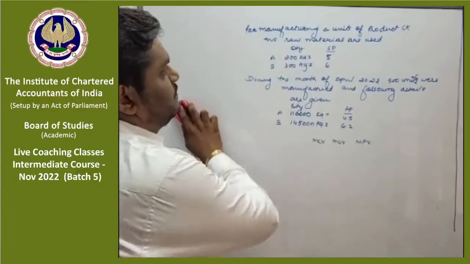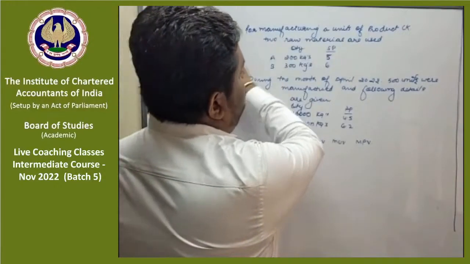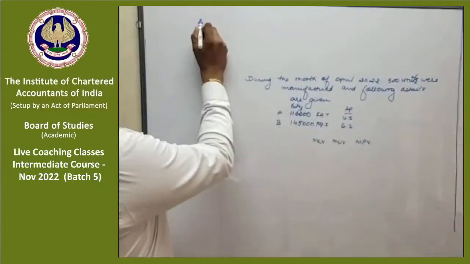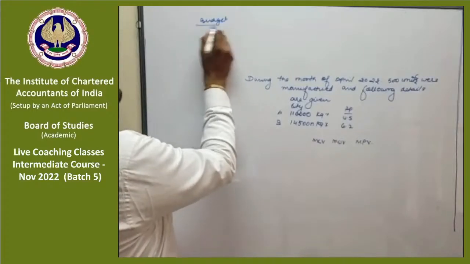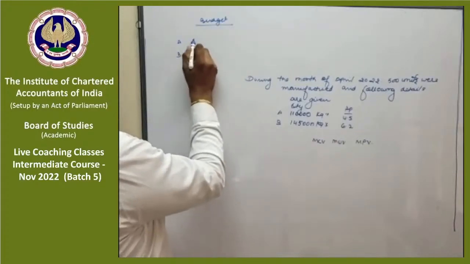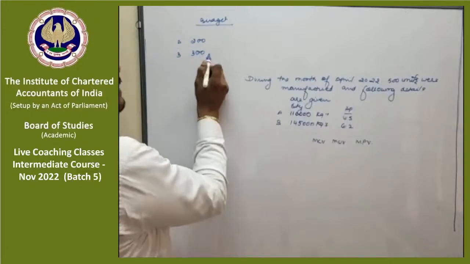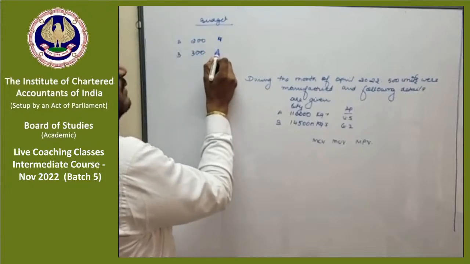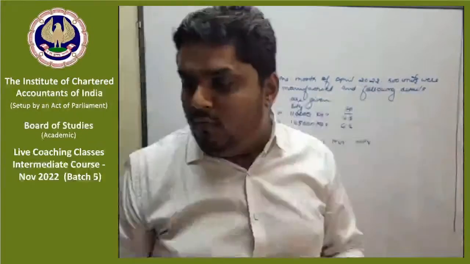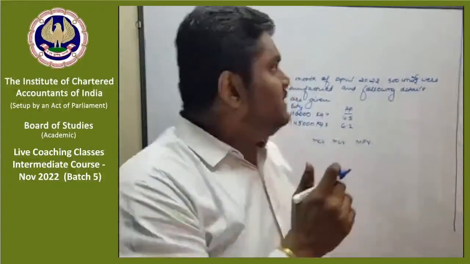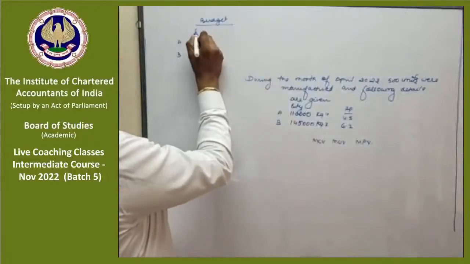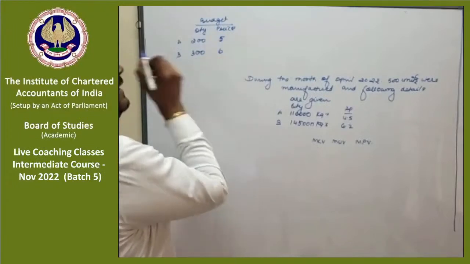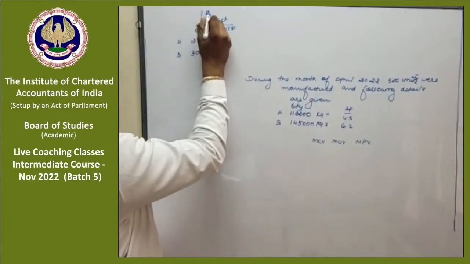Now, the budgeted data is given for A and B, 200 and 300, and the price is 4 and 6. Can you help me out with what was the actual price? Sorry, standard price in the question. Sorry, 5 and 6 was the actual price for manufacturing 1 unit.